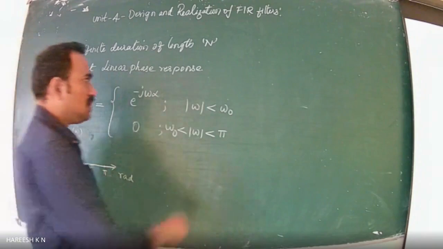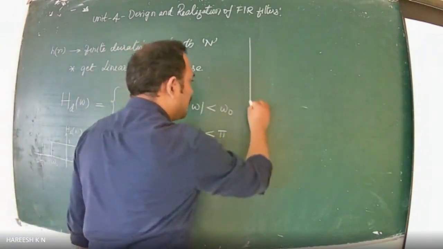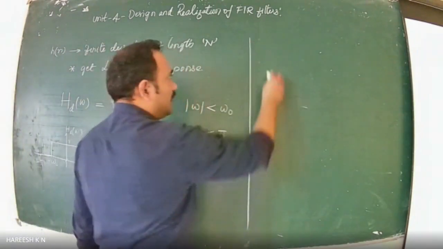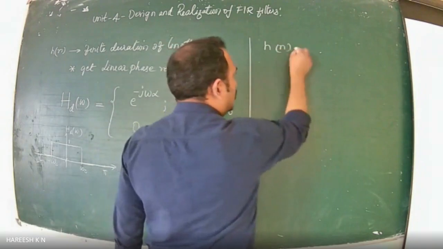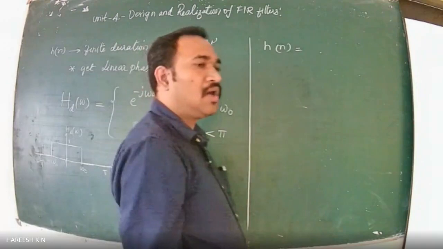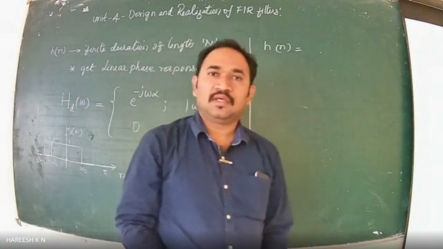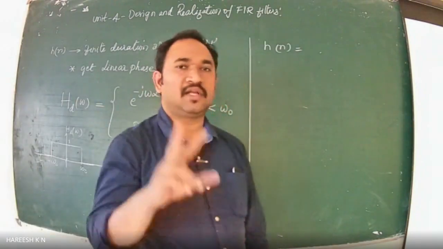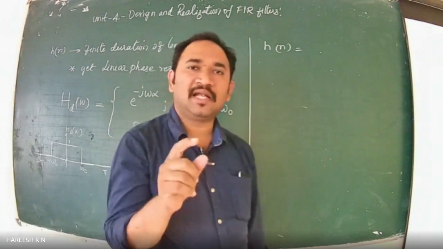Now, if I take the impulse response h of n, this h of n might be symmetric or anti-symmetric in nature. There are two types, as I told you, symmetric and anti-symmetric.